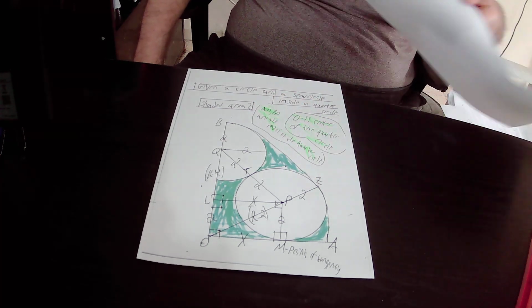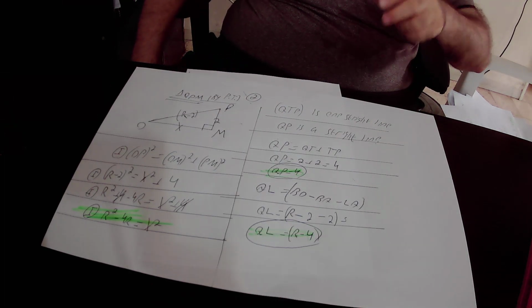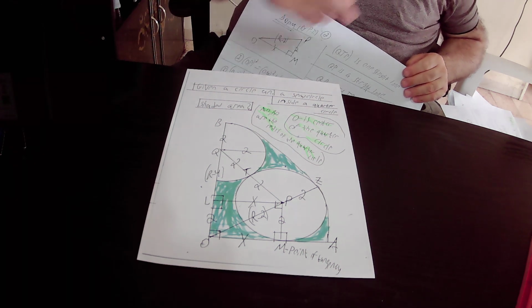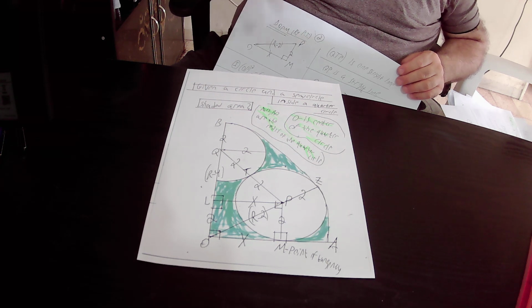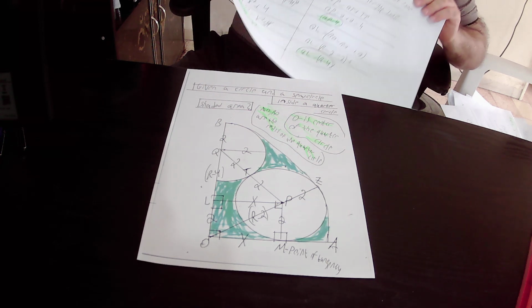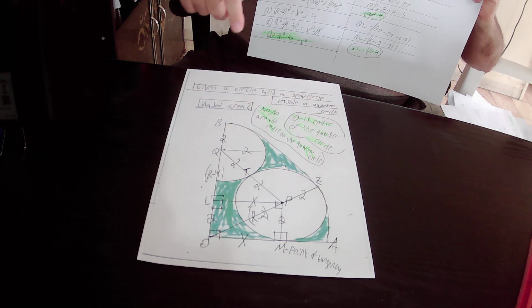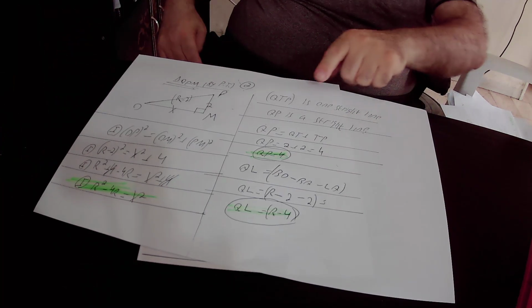You can write here that QTP is one straight line, or we can also say that the 3 points Q, T, and P are all located on the same straight line. So if QTP is a straight line, then QP is also a straight line.